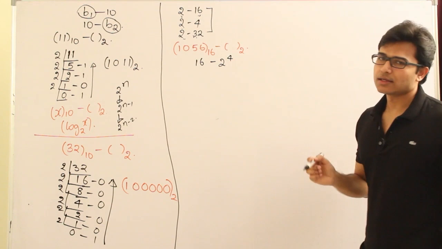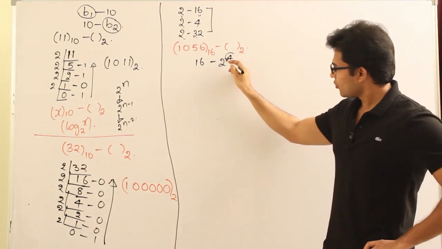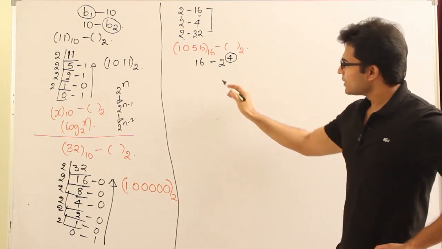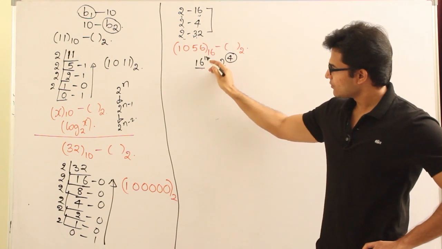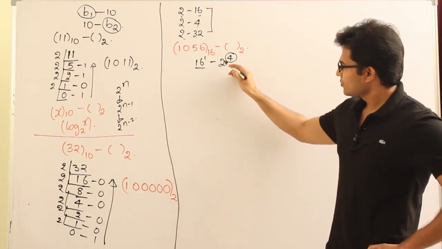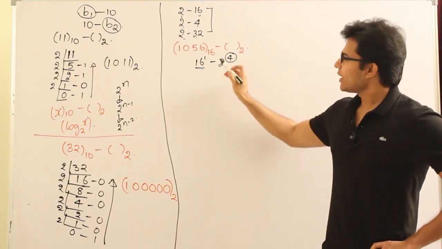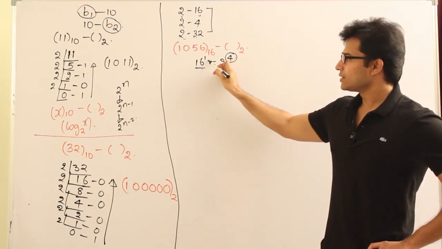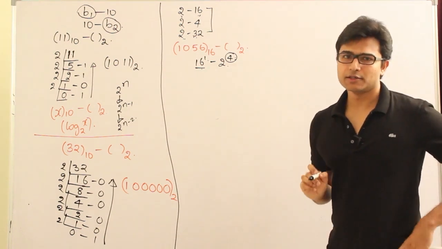You have to observe that clue first. So what does it mean? Every digit in base 16 has to be represented using 4 digits in base 2. You have to keep that in mind.